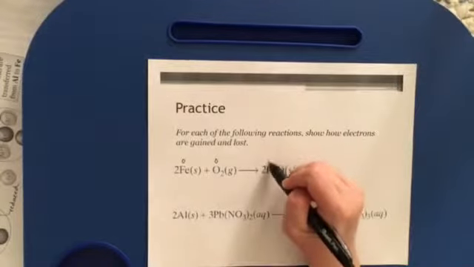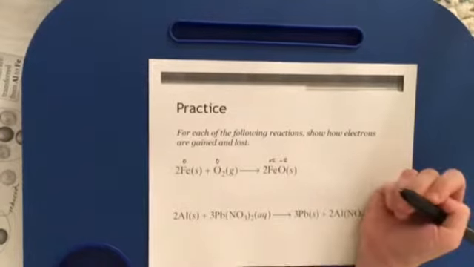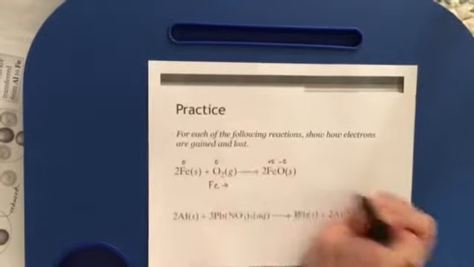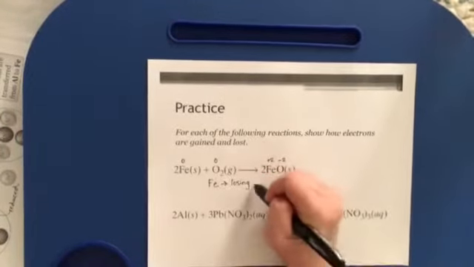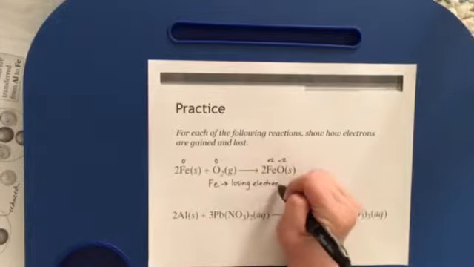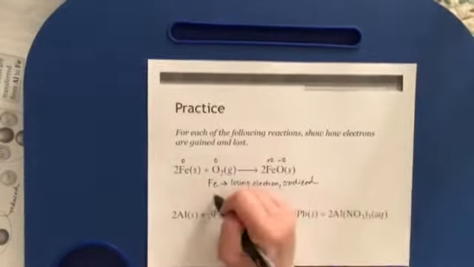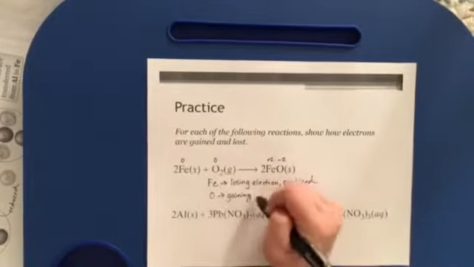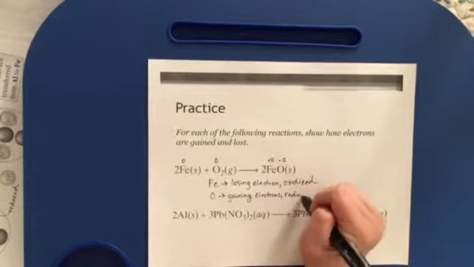Over here we've got iron as a +2 and oxygen as a -2, and therefore iron is losing electrons. It's being oxidized. Oxygen is gaining electrons. It's being reduced.